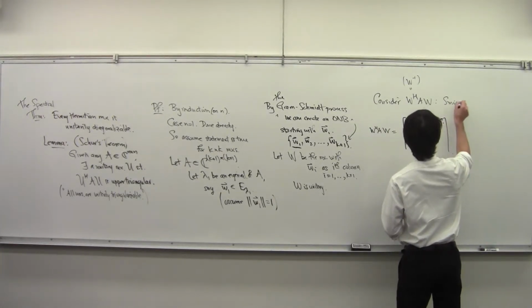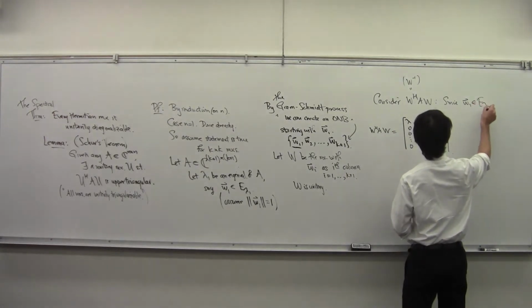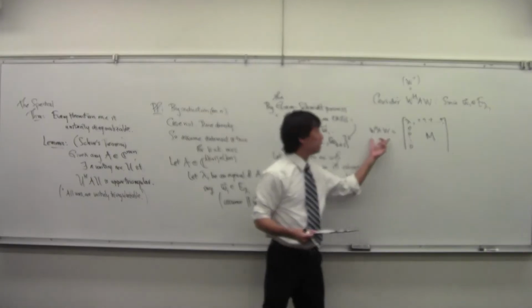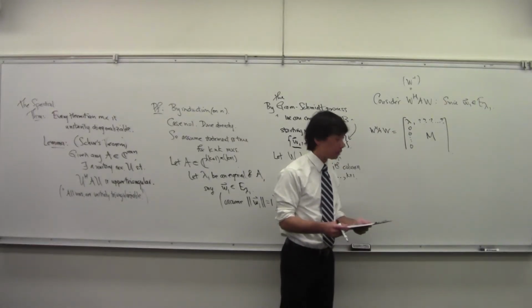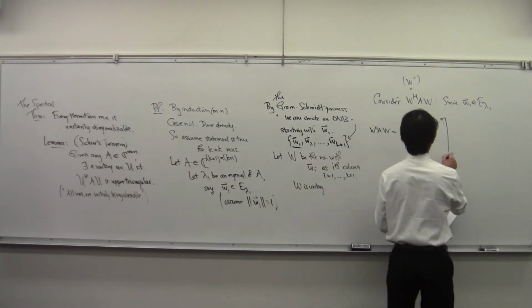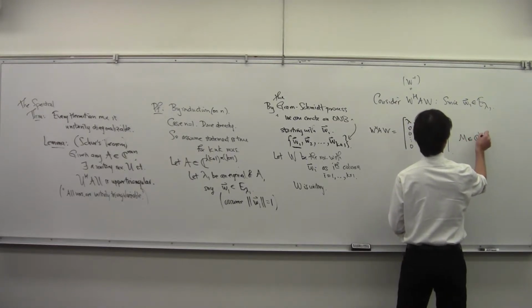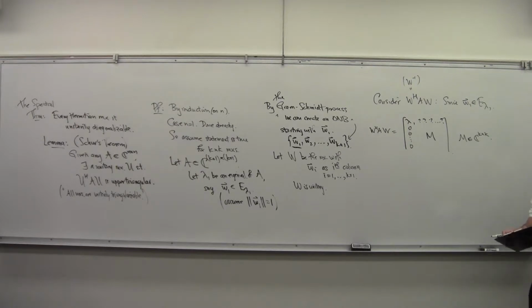Since W1 is an eigenvector with eigenvalue lambda 1, when you conjugate it, you're going to get this thing. And maybe you see what I'm going to do. This guy, M, is a k by k matrix.